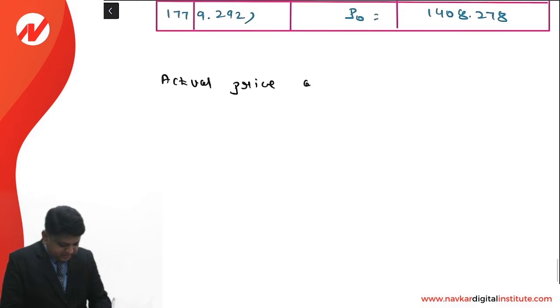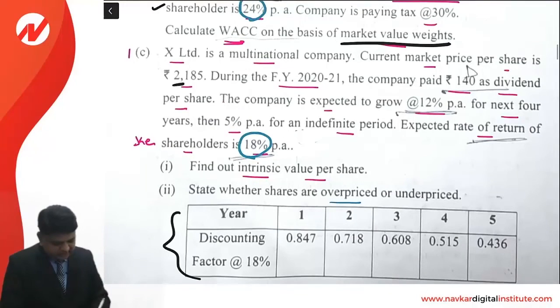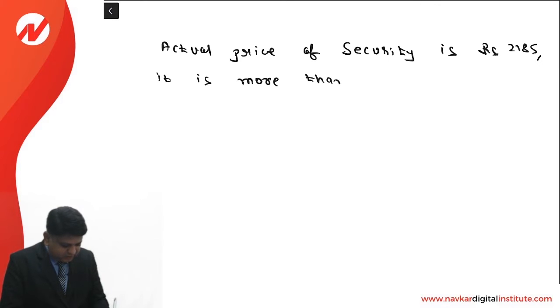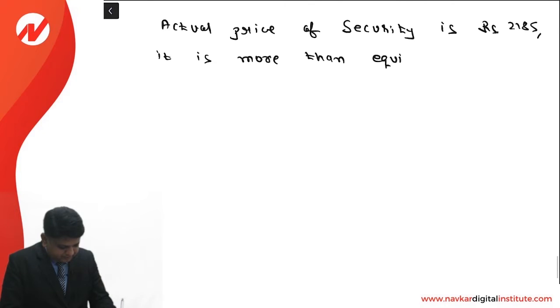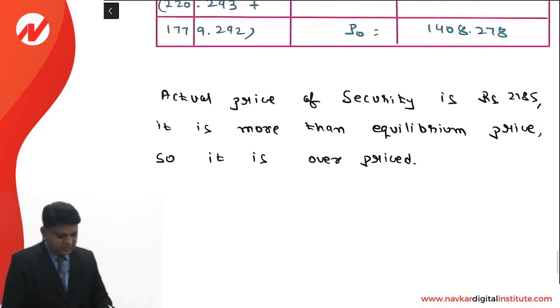Actual price of security is rupees 2185, comma, it is more than equilibrium price, so it is overpriced.